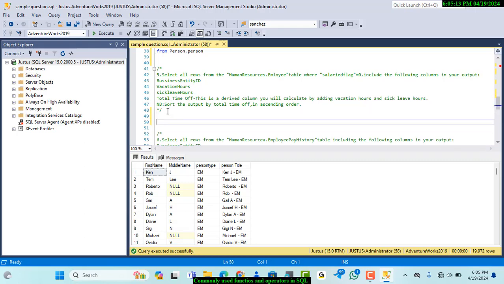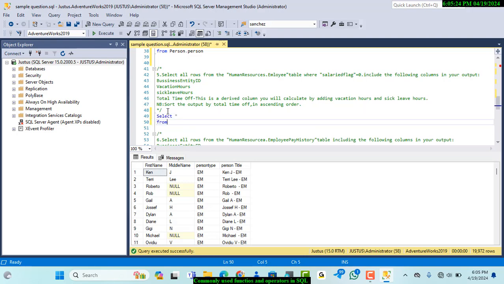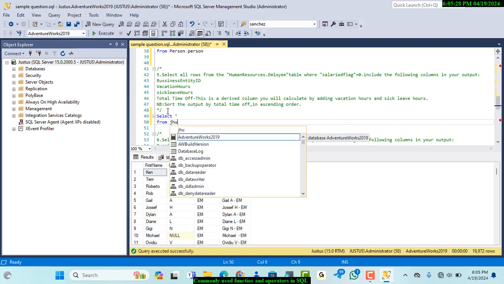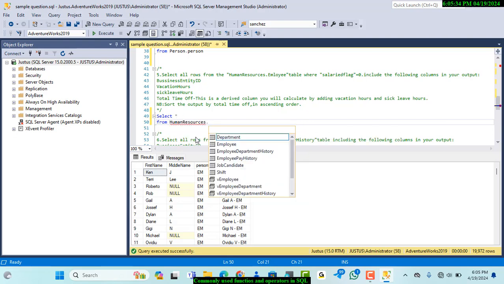Now let me start by using the word select star from the schema, which is HumanResources, the HumanResources.Employee table.